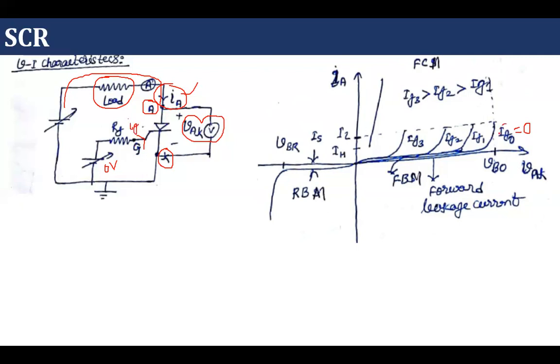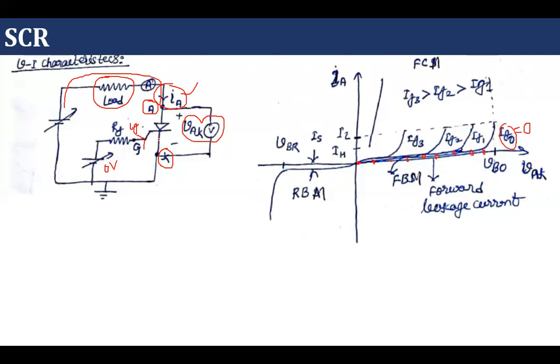We are talking about the first curve, when IG is 0. If I change this voltage from 0 to the maximum value, we get only a very small leakage current passing through the device. We can neglect that also, and at zero current, this device is not going to allow flow of current.